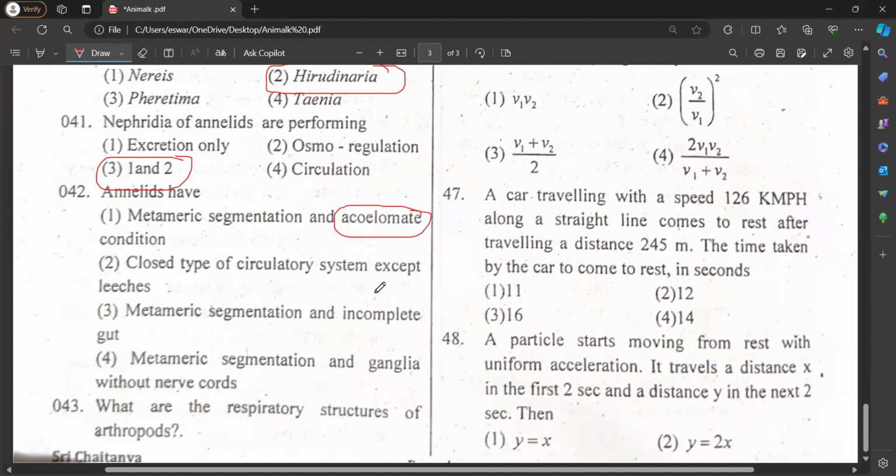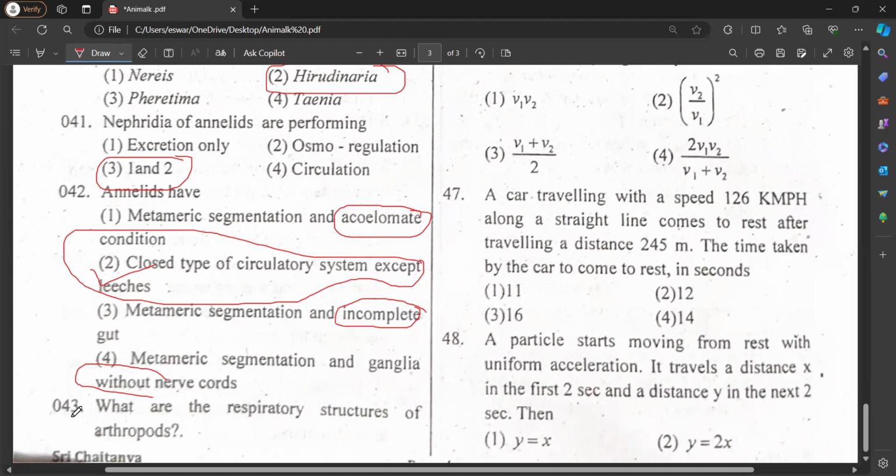Closed type of circulatory system except leech is correct. Metamerical segmentation, incomplete gut is wrong. They have complete gut. Metamerical segmentation and ganglia, they have nerve cords. Therefore, the correct option is closed type of circulatory system except leech. Leech has open type of circulation.